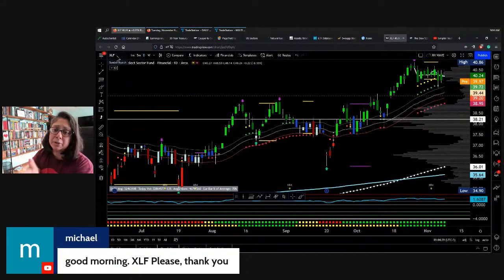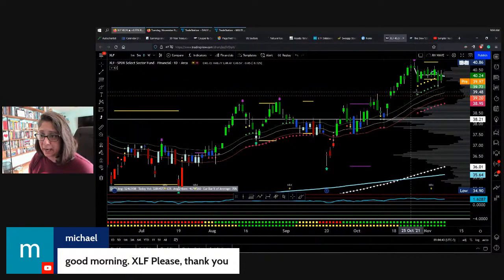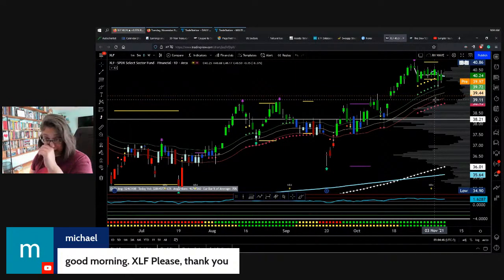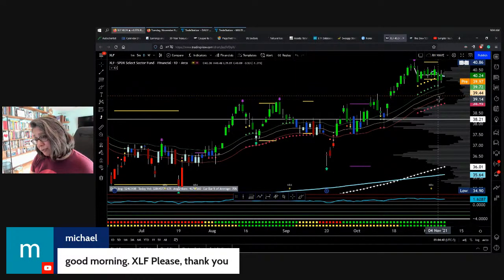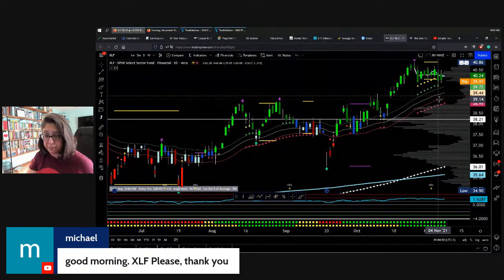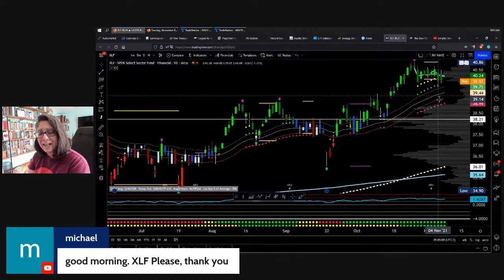So with financials, I will say this, Michael, the 21 exponential was absolutely in play on the 4th of November. So that pullback, that green propulsion dot, represents the 21 EMA and the 21 propulsion tool, which are, yes, one and the same in terms of where they're located on the chart.